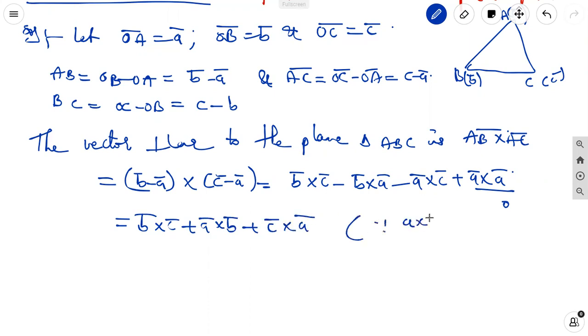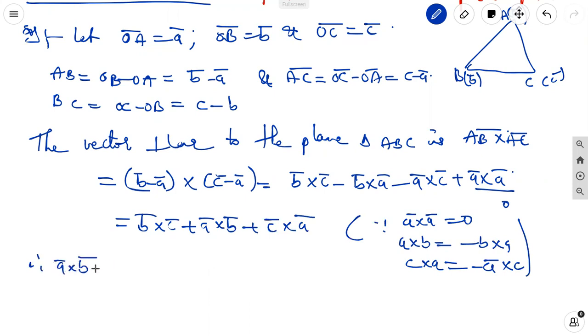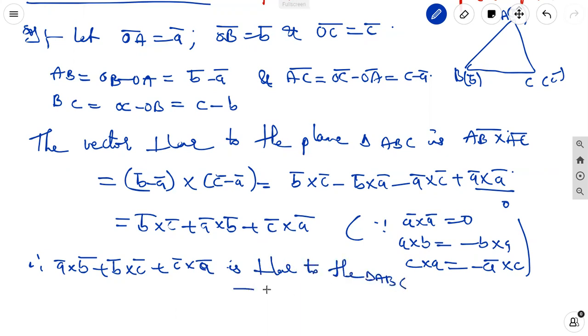Since we know that A cross A is equal to 0, A cross B equal to minus B cross A, C cross A is equal to minus A cross C. Substitute here, it is what they are asking, the same relation. Therefore, A vector cross B vector plus B vector cross C vector plus C vector cross A vector is perpendicular to the triangle ABC. It is the solution of the last problem in the second bit.